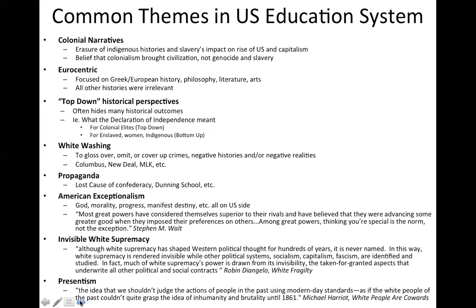We are still very Eurocentric. We have declined somewhat, and we'll talk about how in the 60s and 70s we introduced different narratives to our educational system, but we're still very Eurocentric. Our requirements are European history, Greek history, philosophy, all this stuff, while other histories, like Black history or African history, are usually electives, if they're offered at all.